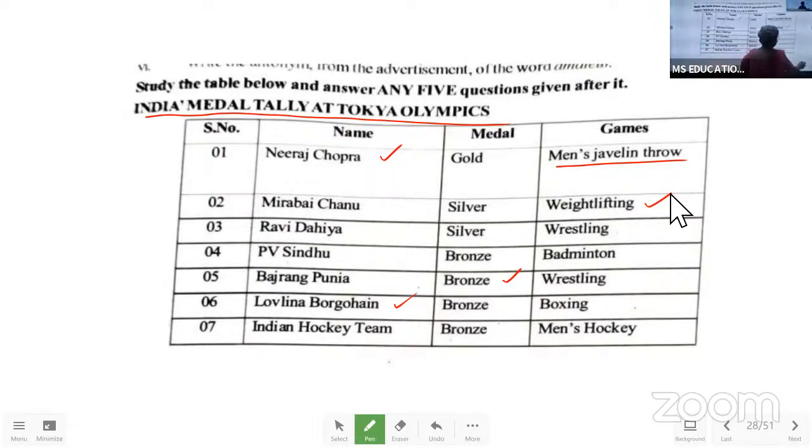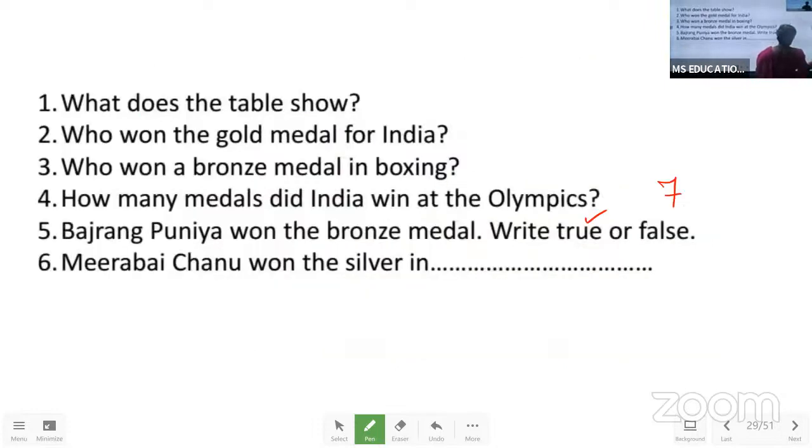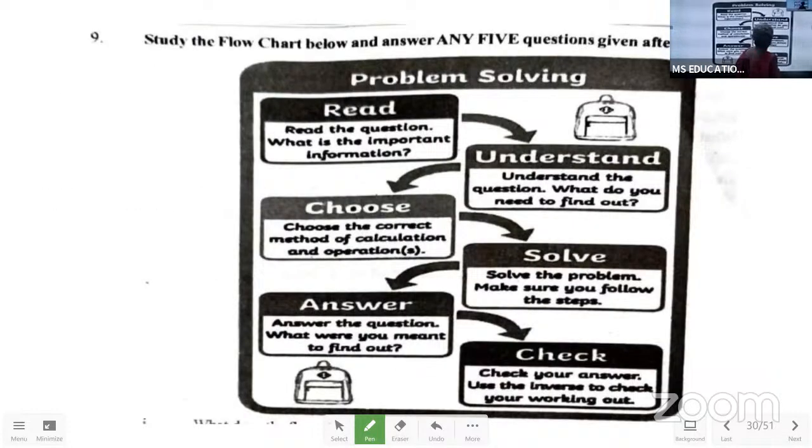You can finish whether it is a pie chart, tree diagram, and this is a flow chart with problem solving. Read the question, what is the important information? Understand. Understand the question. What do you need to find out?